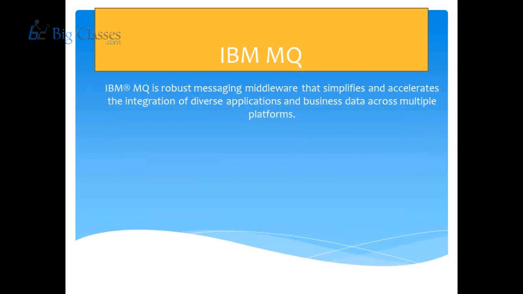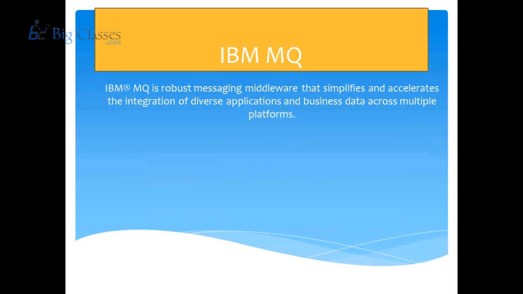So what comes into the picture is called MQ. MQ is a common programming interface which simplifies integration. So integration is very easy, and you need not depend on any programming language. It could be any programming language, and we are still able to communicate with each other. So this is about IBM MQ.